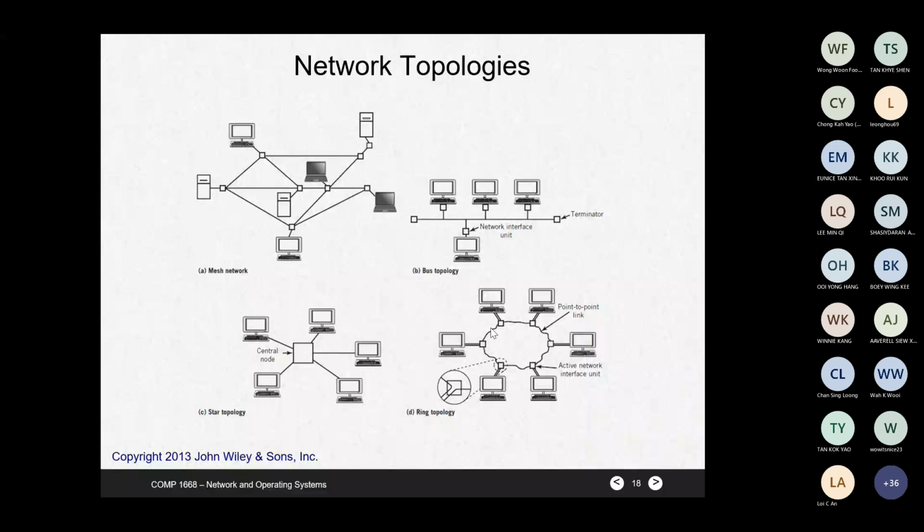All of you must be very familiar with these topologies, should be able to draw, should be able to label it properly, should be able to explain clearly how the host and the node, or what we call client and server, communicate through the different channels.